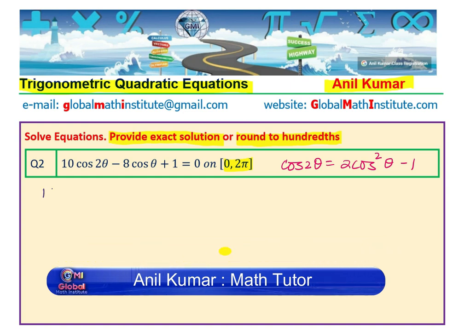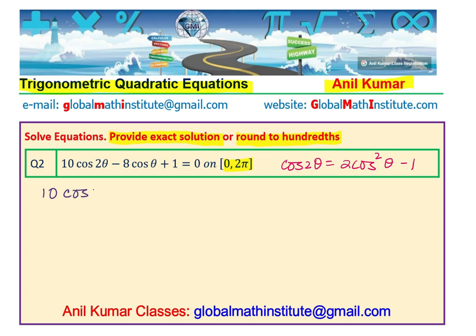So question number 2 here is 10 cos 2 theta minus 8 cos theta plus 1 equals 0. Writing cos 2 theta as 2 cos square theta minus 1, what do we get?